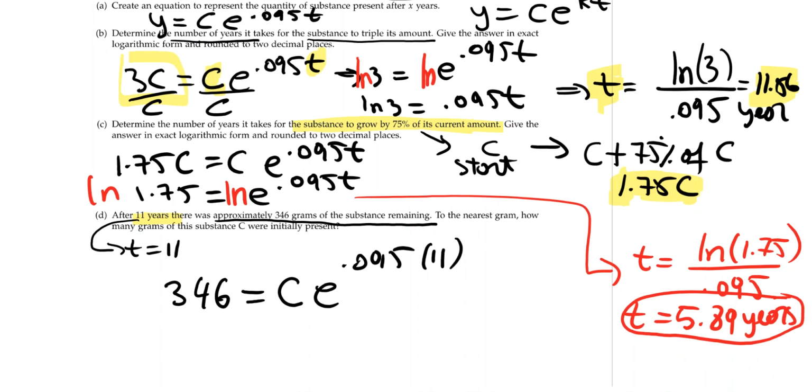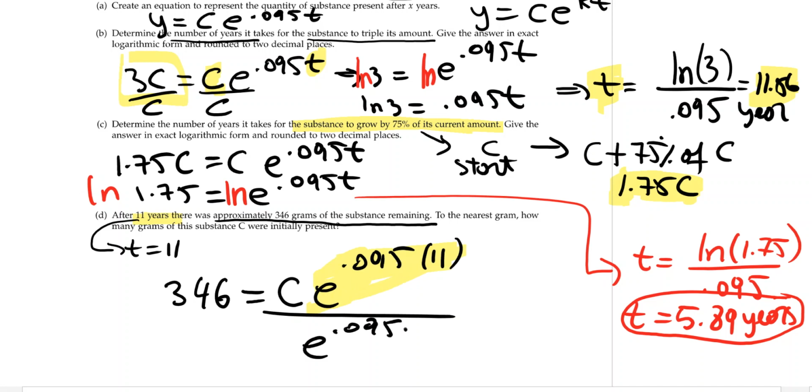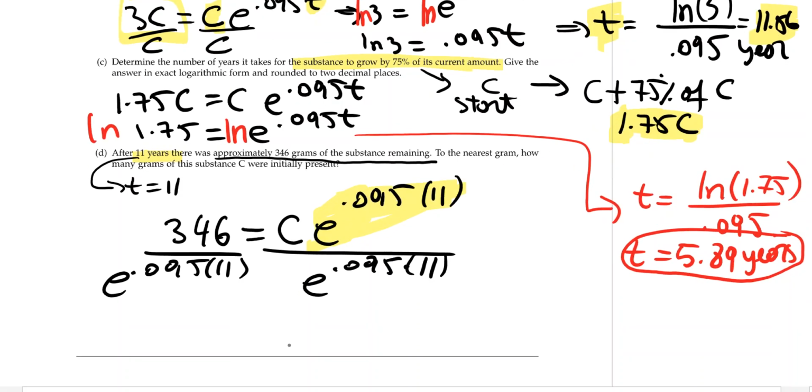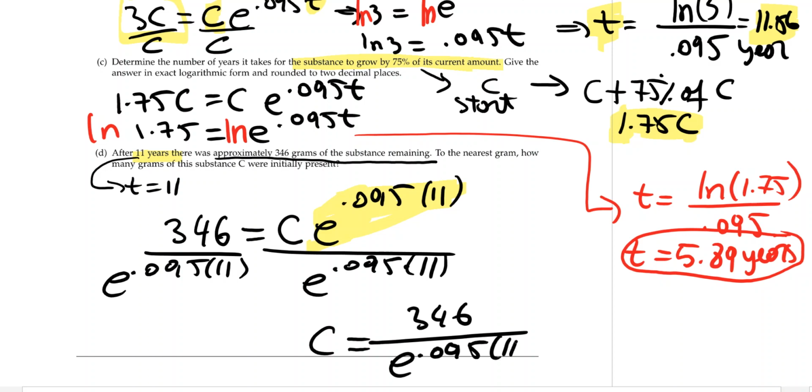This is just a number, you can put it in the calculator and get it. To solve for C, I'm going to divide both sides by e to the 0.095 times 11. So then C equals 346 divided by e to the 0.095 times 11.